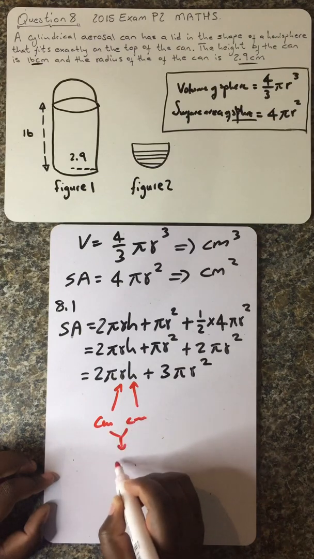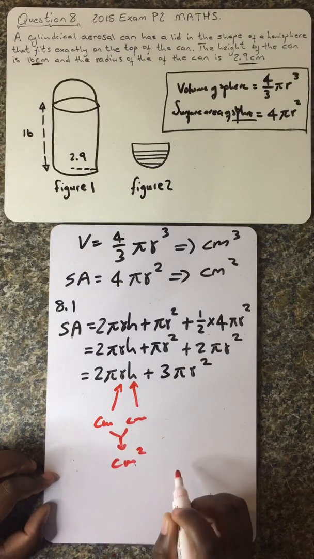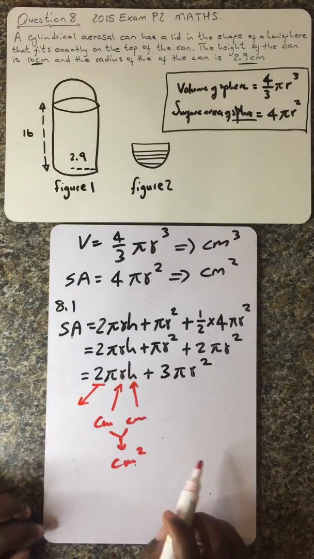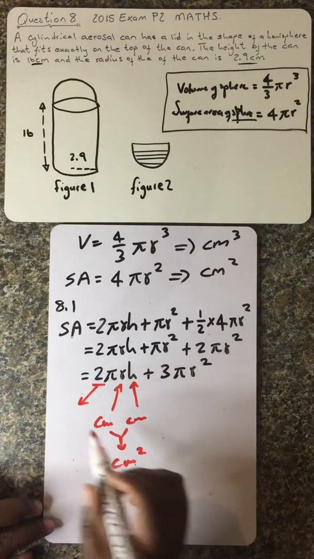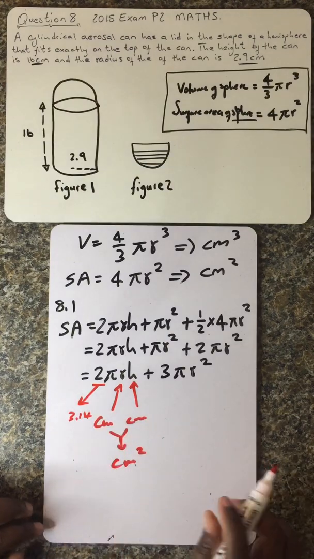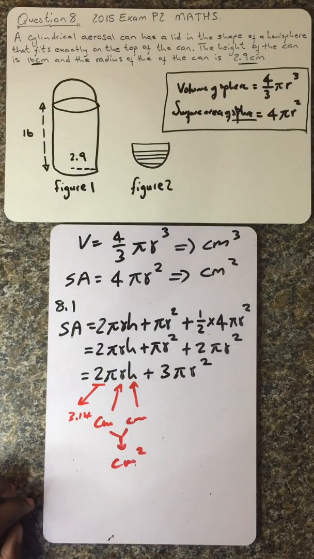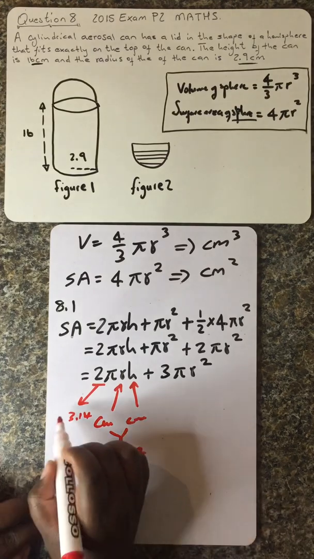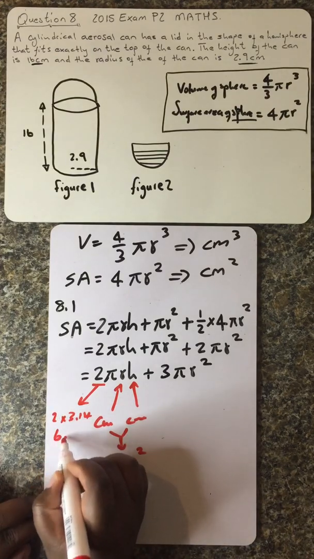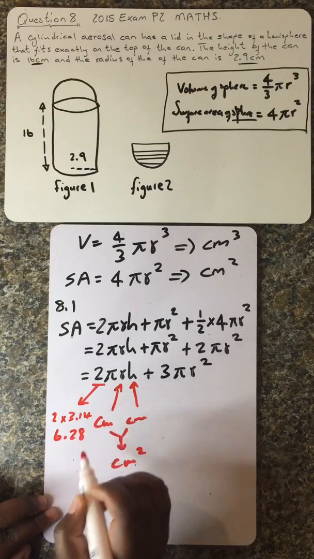When you multiply these two, they give you centimeters squared. Don't be confused by 2 pi. 2 is a number, pi is a number. Pi is 3.14. It doesn't really matter exactly how much it is. Let me quickly check with my calculator: it's 3.14, so multiplied by 2, it's 6.28.